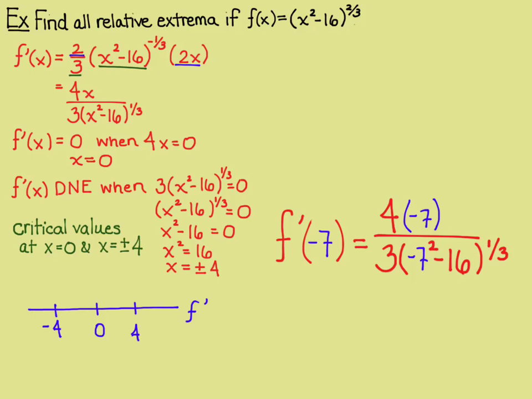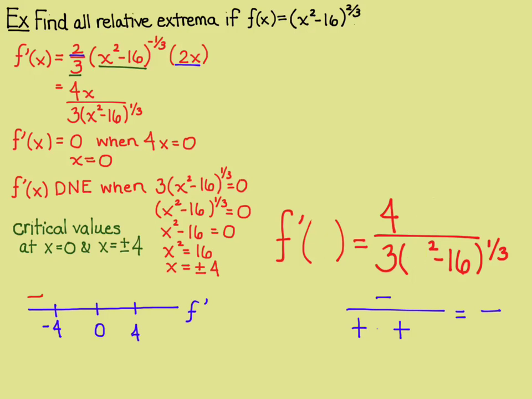Negative 7 squared will be bigger than 16, so negative 7 squared minus 16 will be positive. And when I raise that to the 1/3 power, I will still get a positive number. So I get a negative in the numerator and a positive times a positive in the denominator, which gives me a negative number. So in the interval from negative infinity to negative 4, I'm going to draw a negative sign.